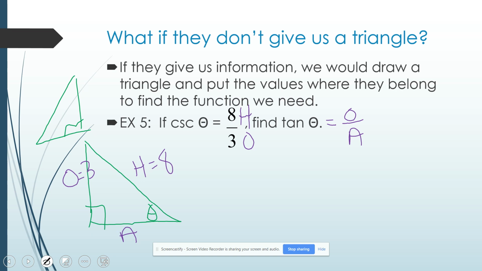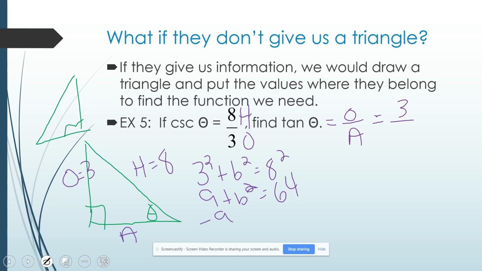Well, I know the opposite, that's 3, but I don't know the adjacent. That's okay because they've given us enough information to use Pythagorean theorem. So I can say 3 squared plus b squared is equal to 8 squared. That's 9 and 64.